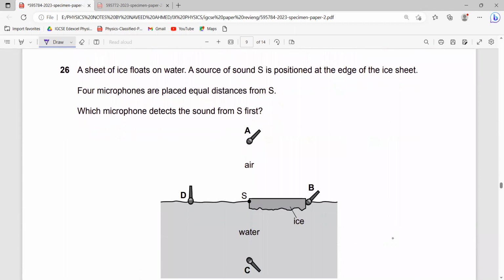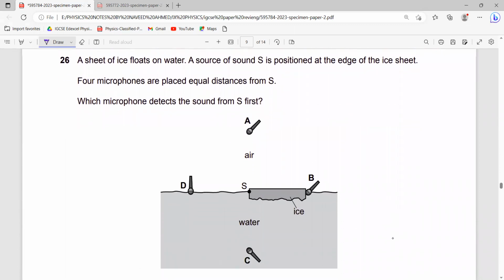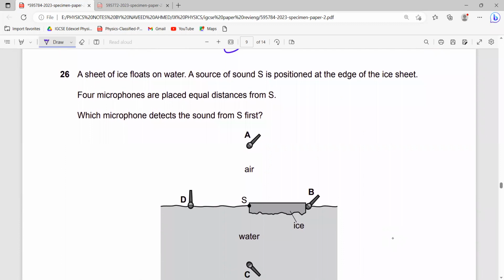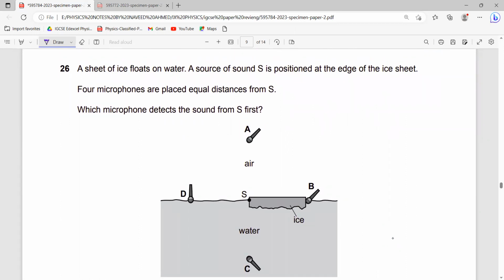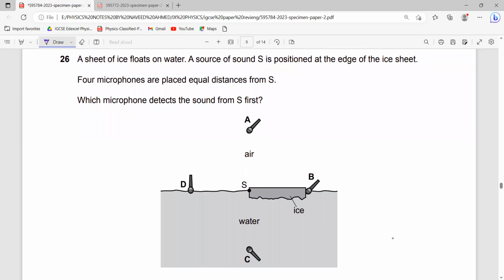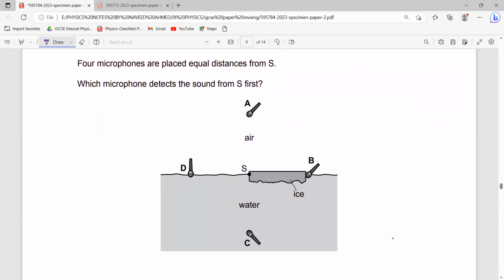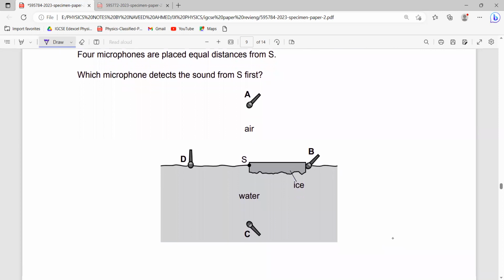In question number 26, a sheet of ice floats on water. A source of sound S is positioned at the edge of the ice sheet. 4 microphones are placed at equal distances from S. Which microphone detects the sound from S first?